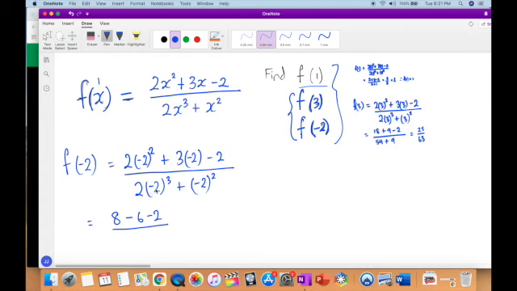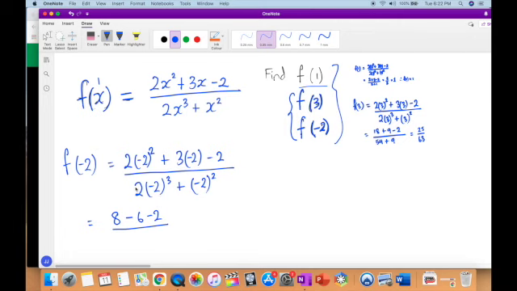now this is the interesting one here. I have negative 2 cubed, and please remember negative 2 cubed is the same as negative 2 times negative 2 times negative 2. So negative 2 times negative 2 is positive 4, multiplied by negative 2, you'll get negative 8. So negative 2 cubed is negative 8.